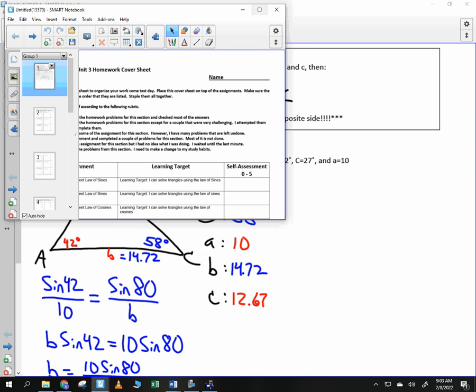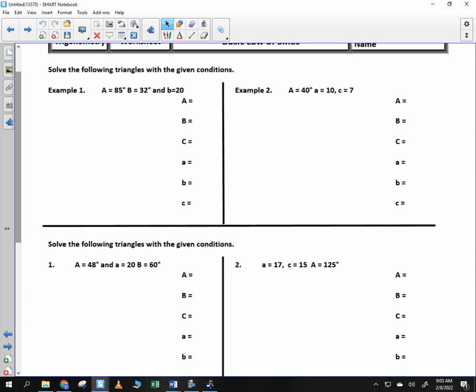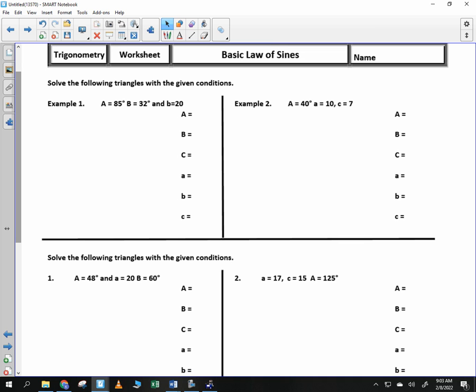Do not do the right side as of right now. So the right side is different. We want to focus on the left. So what I'm going to do is quick draw a little triangle here with A, B, and C. A is 85 degrees, and B is 32 degrees. And side B is 20.